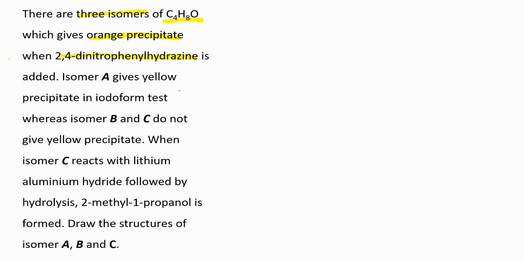There are 3 isomers, isomer A, B, and C. C4H8O, we know that this is CnH2nO. The 3 isomers, A, B, and C, give orange precipitate. Orange precipitate means a positive chemical test with 2,4-DNPH.